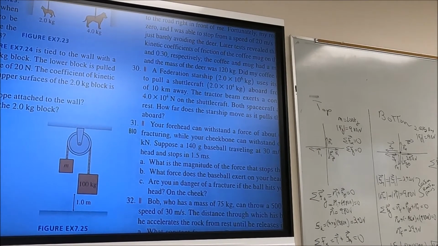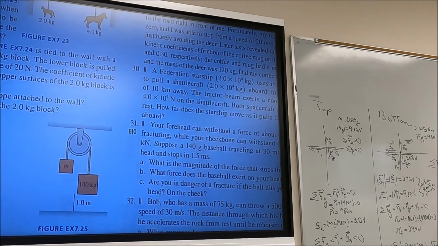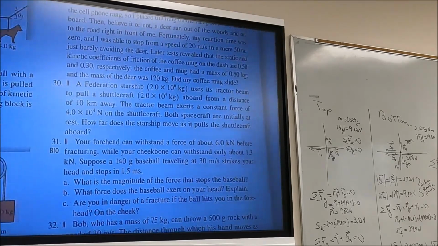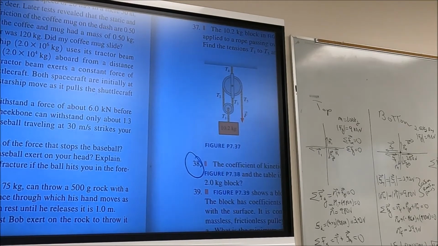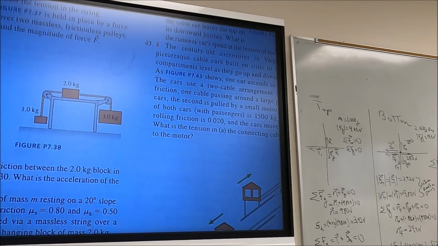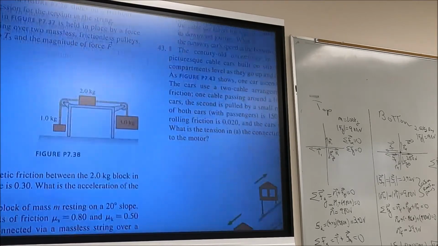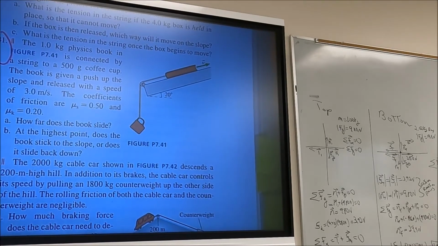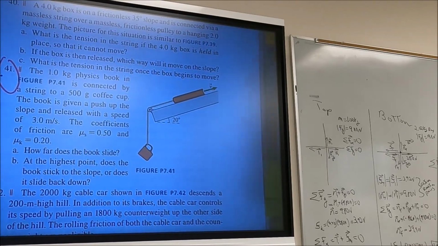The next problem we're going to look at is problem 41. I like 41 because it gives us an opportunity to play with angles. Okay? Now, as we look at problem 41, you've got a cup, okay?